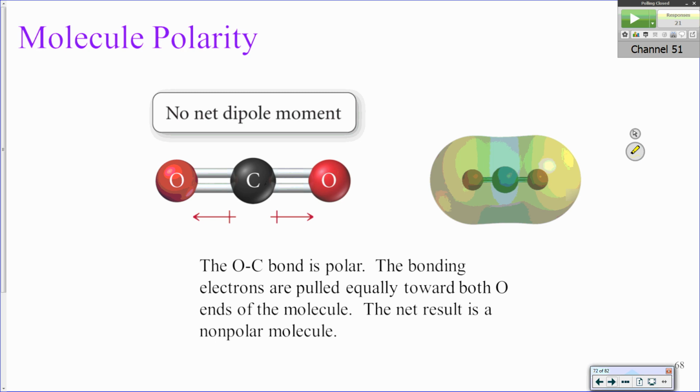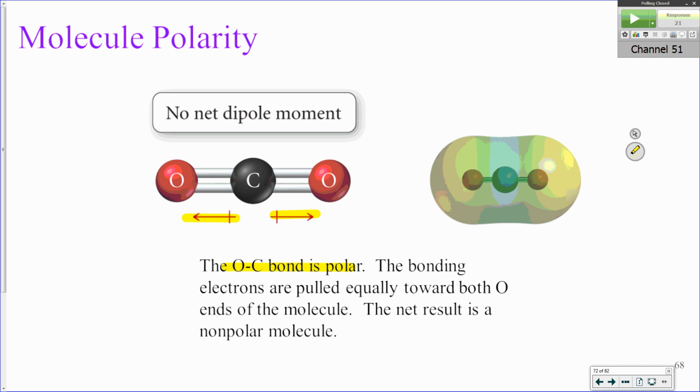So now we want to think of this idea where we figure out where the electron density is, where it's being pulled. Is a molecule polar or not? So in the example of carbon dioxide, it's an AB2. What happens is that even though the carbon-oxygen bond is polar, the fact that there's complete symmetry in the molecule, it's linear, the two opposing dipoles completely cancel each other out so that there is an even distribution of the electron density.